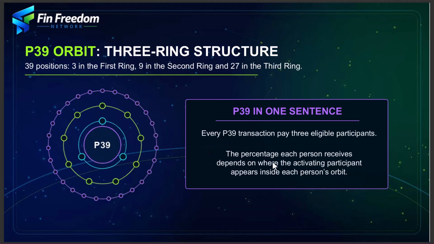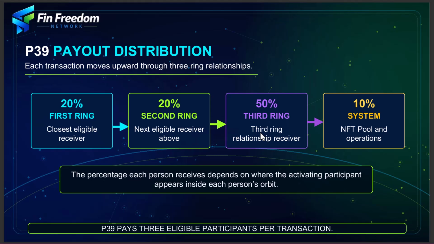The percentage each person receives depends on where the activating participant appears inside each person's orbit. So if the person is on the first ring, there's an amount you will earn. If the person is on the second ring, there's an amount he or she will earn. If the person is on the third ring, there's an amount you will earn. So let me explain it. This is how it works.